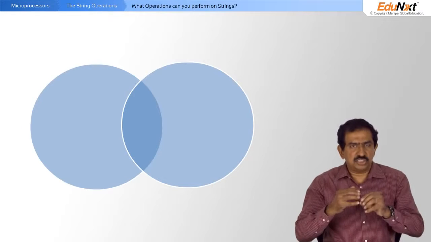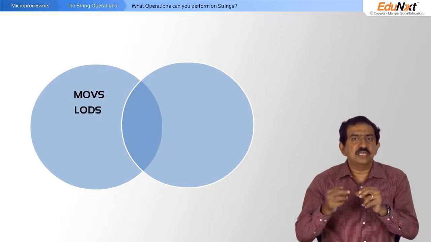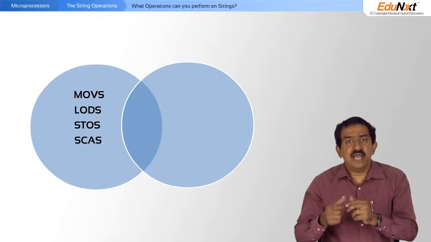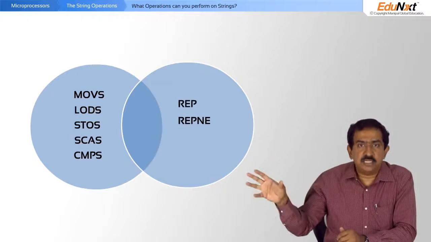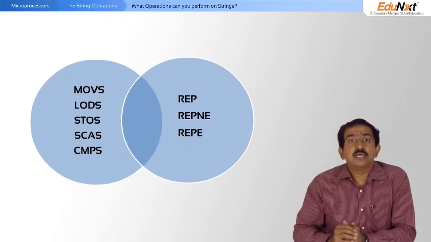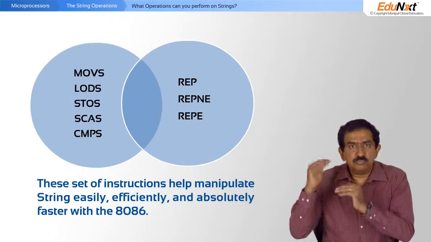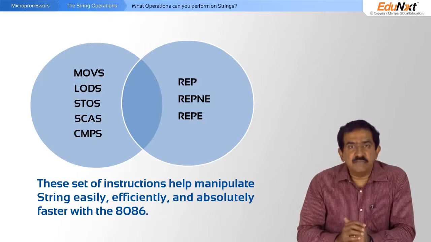These are special usages that you have with the string operations. Using this set of instructions, the move string MOVS, the load string LODS, the store string STOS, scan string and compare string, along with REP, REPNE or REPE, helps you to manipulate contiguous bytes or words of information called strings very easily, very efficiently, and absolutely as fast as it can be with the 8086.